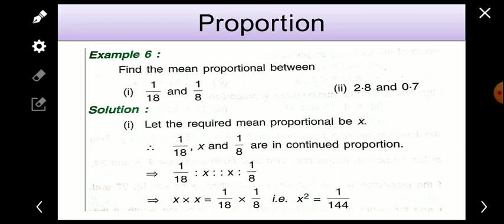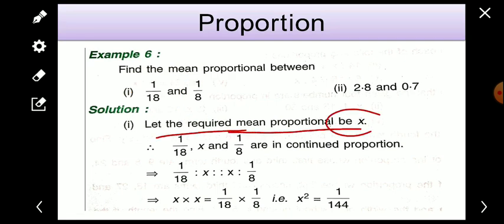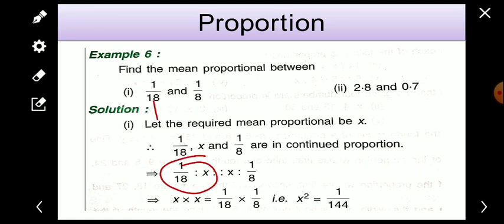Now an example is also given. Here we have to find the mean proportional. So this is the first and third term. Let the mean proportional be x. So 1 by 18 is to x as x is to 1 by 8.